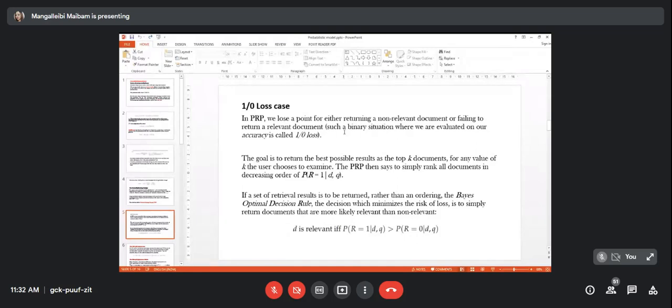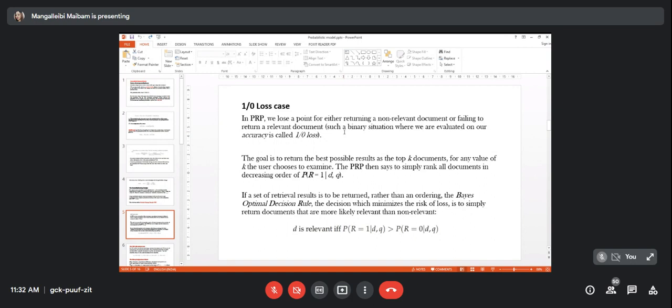So here we are losing some points, right? In one condition it does not return the non-relevant document, and in another condition it does not return the relevant document. So this binary condition we represent as the 1/0 loss case.